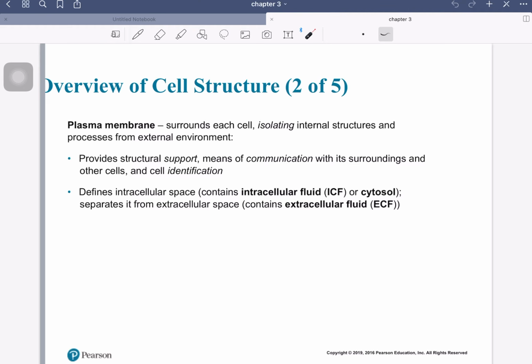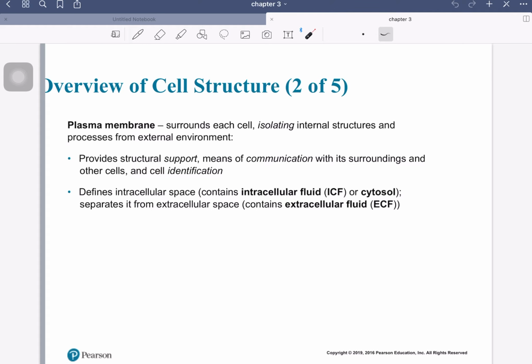And there's a cytoskeleton actually within cells that we'll touch on a bit later that also helps to give it its shape and some of its semi-rigid structure. The plasma membrane is also the way that cells can communicate with their surroundings and other cells. And a big component of that is cell identification. And we'll certainly talk about some of these things as we go through the course. Cell identification, of course, is very important in things like the immune system.